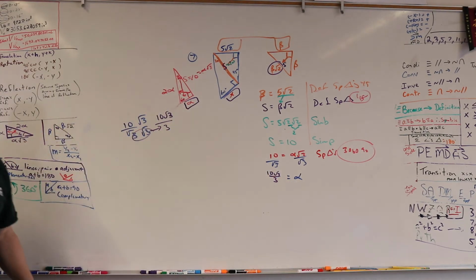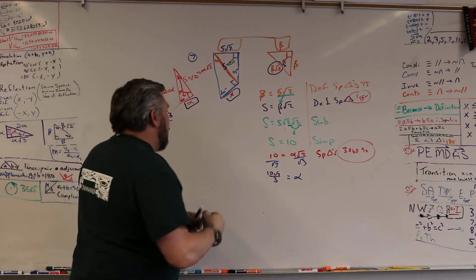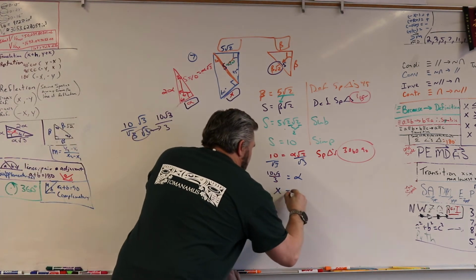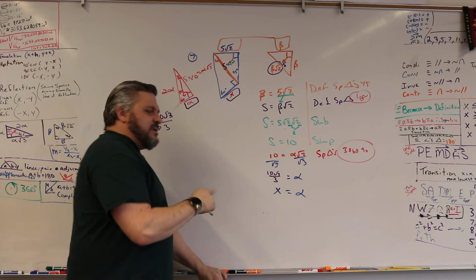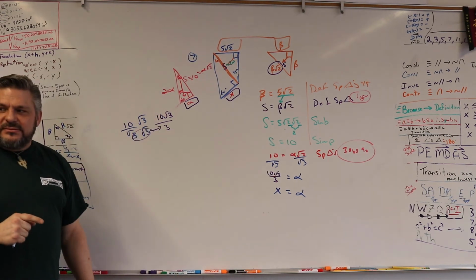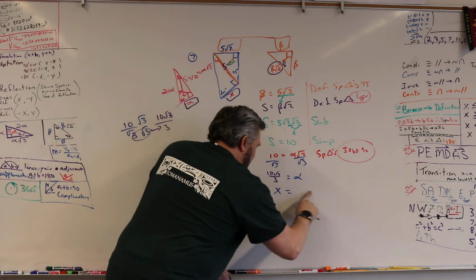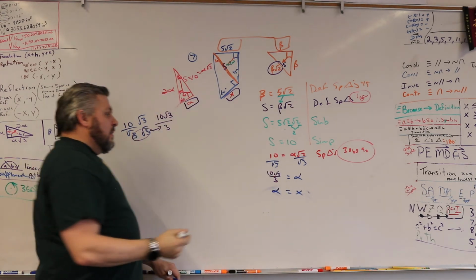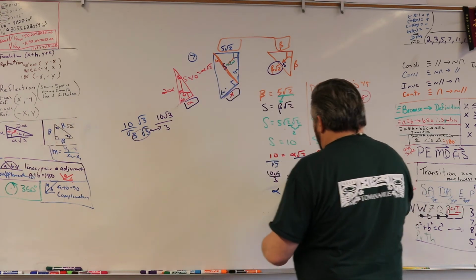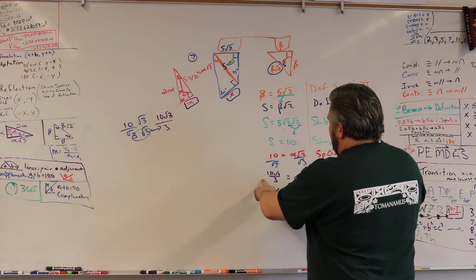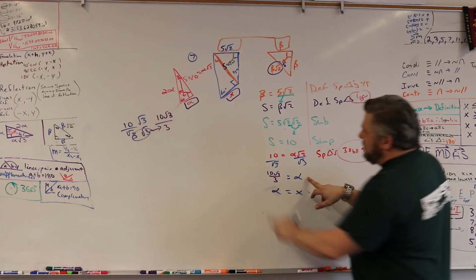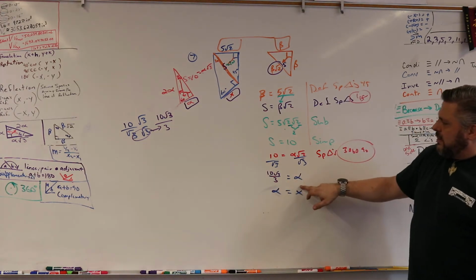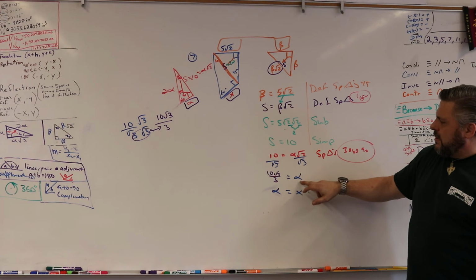If alpha is here and alpha equals x, then I also know that x is equal to alpha. Is there a better way I can say that? Alpha equals x, because of the special triangles. So with this one, how did we say this?